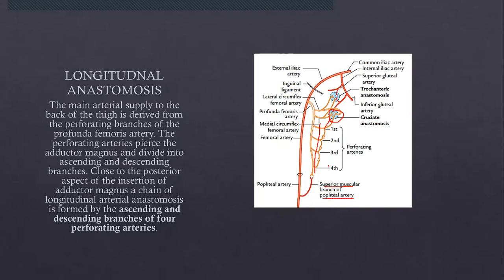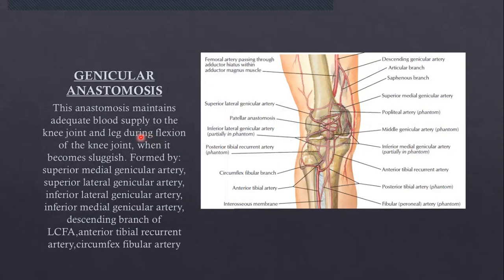So this chain of longitudinal arterial anastomosis is the one which is known as the longitudinal anastomosis. So let's look at the final anastomosis, which is the genicular anastomosis.